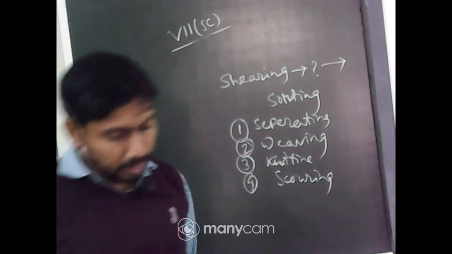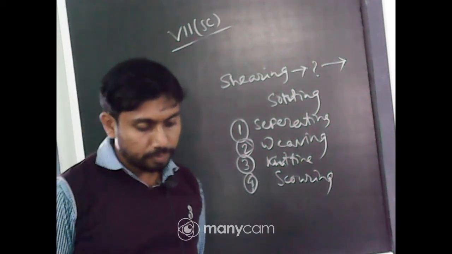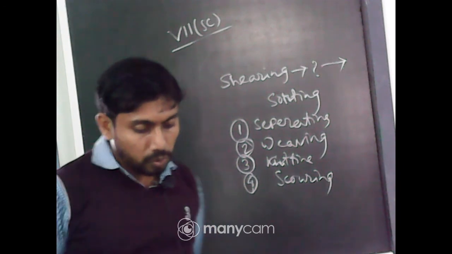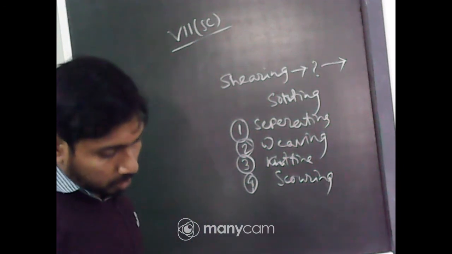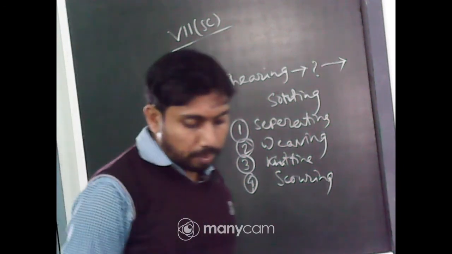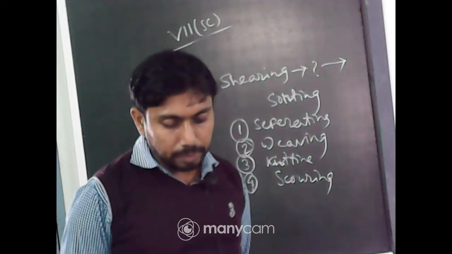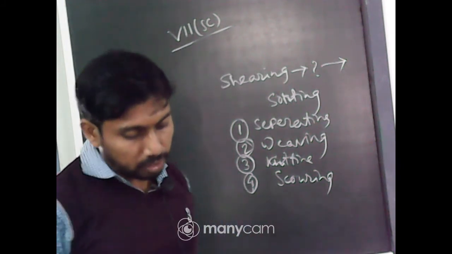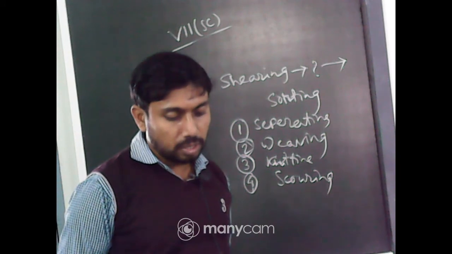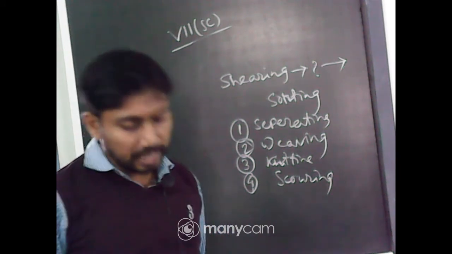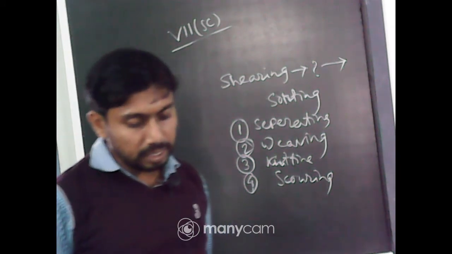The silkworm is a caterpillar, B a larva. Choose the correct option. A: the silkworm is a caterpillar, and B: it is a larva.